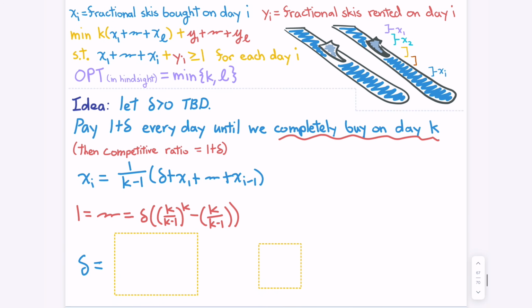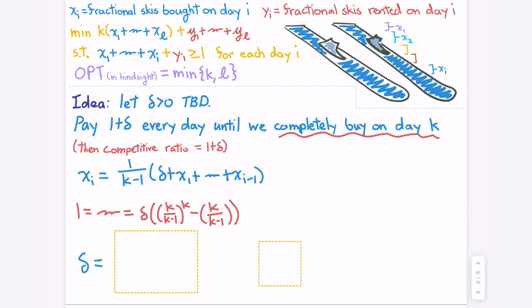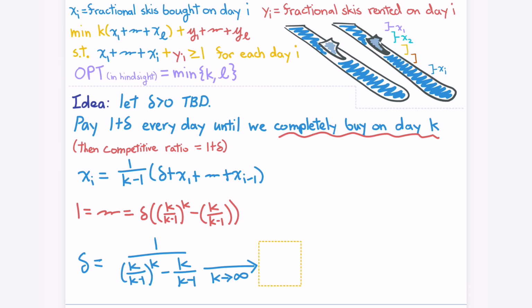Good. But if you set 1 equal to this thing and solve for it, you're going to get that delta should be 1 over this terrible thing. But what happens when you take the limit? Anyone see? Yeah, this actually looks like e, and then this is just going to go to 1.